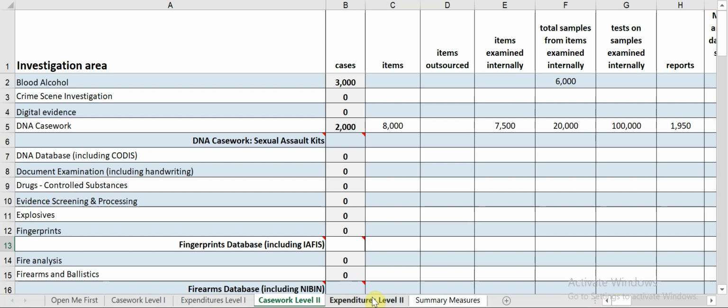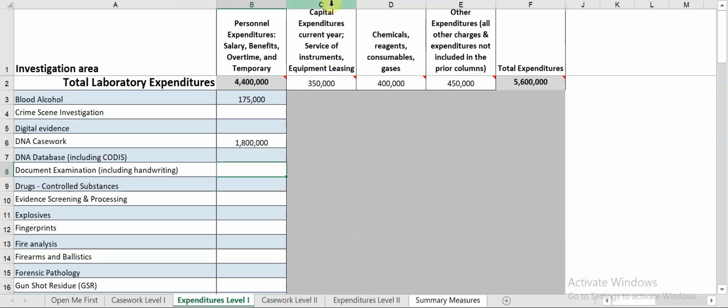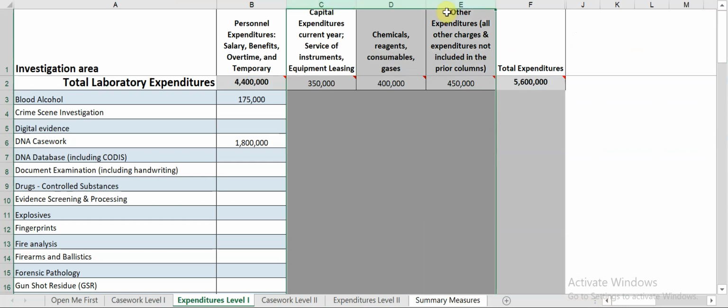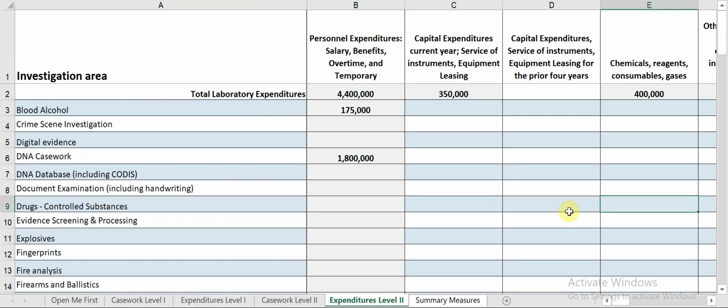And the same thing is true with respect to expenditures. In the expenditures level 1, we just asked for the totals in each of these areas. We said, well, we were just going to assign these across the laboratory according to the size of some of the other units. In level 2, it says, well, you can give a lot more specific information.